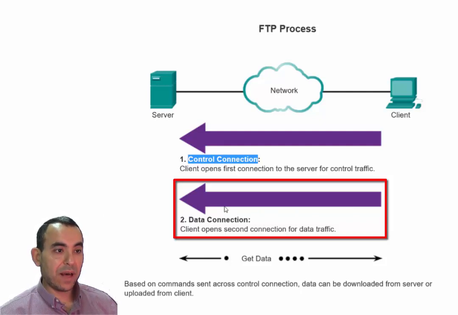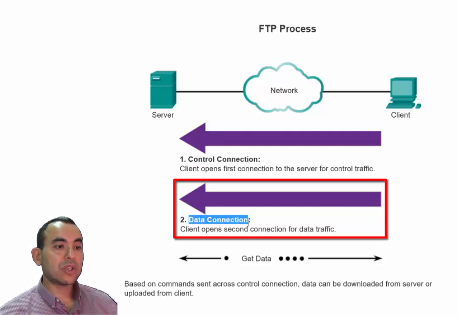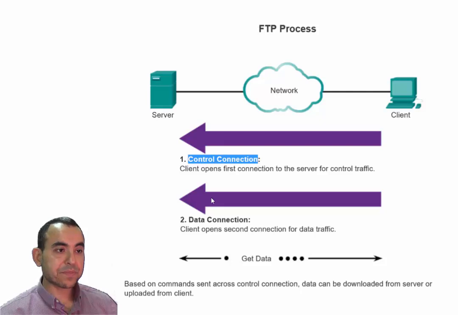For each file, the client will establish a separate connection called the data connection, which gets established and remains active until you finish the download or the upload of this file, and then you can establish another connection if you want to fetch the content of another file. So there is a control connection which stays live all the time, and on this connection you can type commands, you can authenticate and so on.